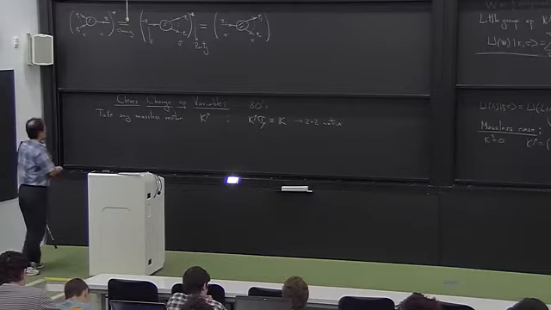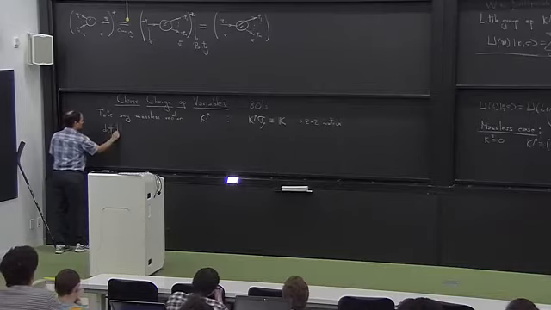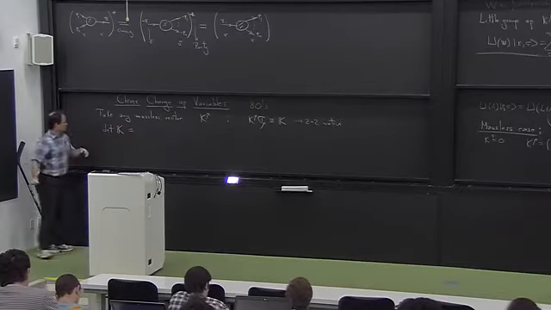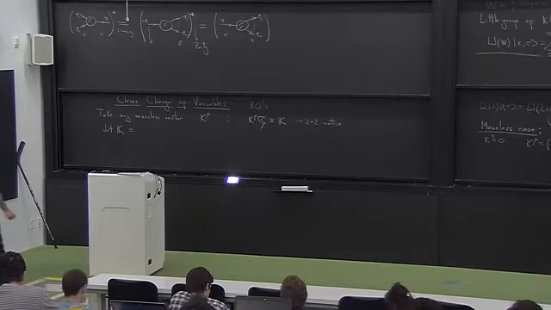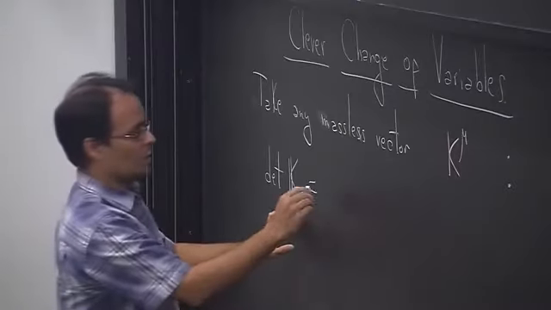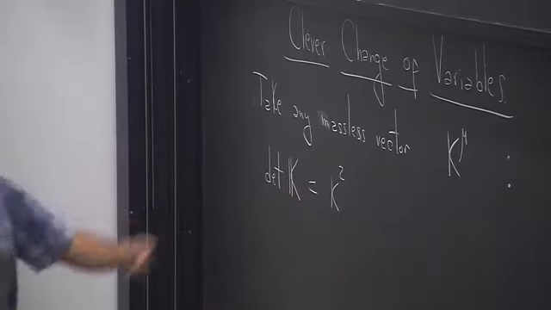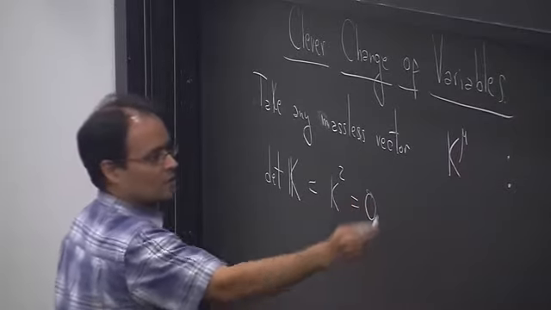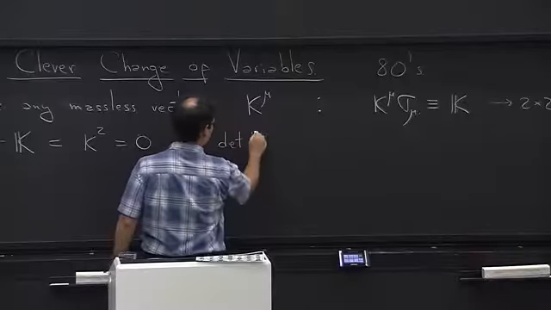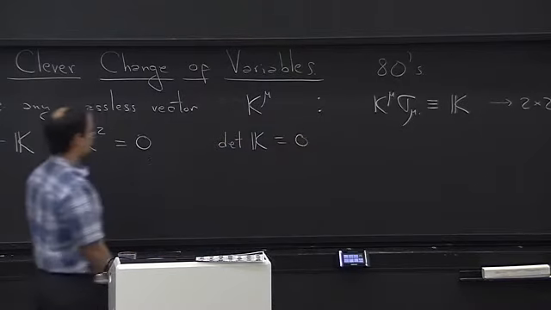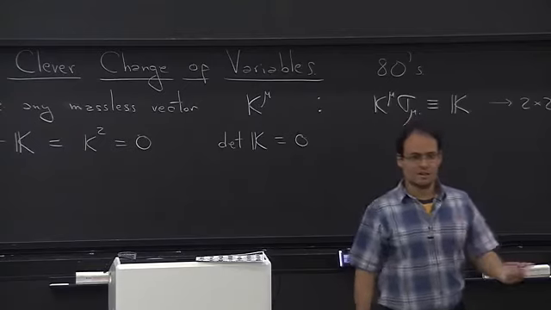Now, did you try to compute the determinant of K? The determinant of K was basically K squared, which is 0 in this case. So whenever we have a massless vector, we have a degenerate 2x2 matrix K.